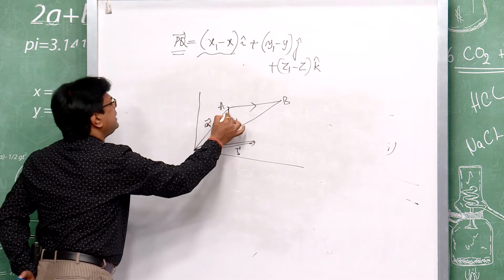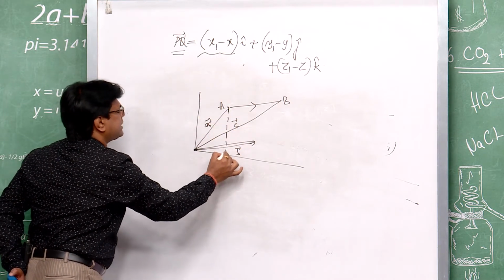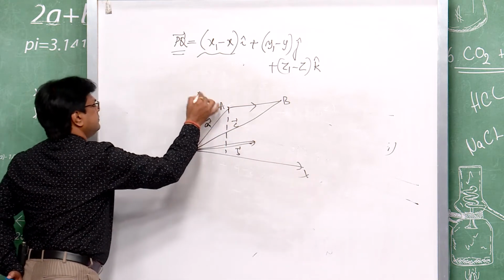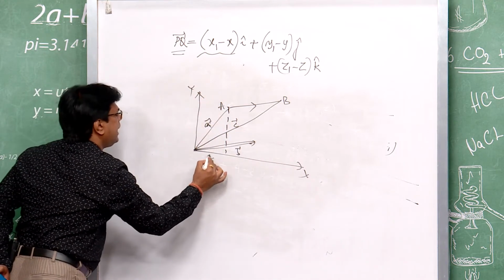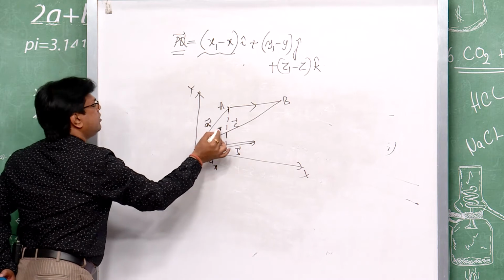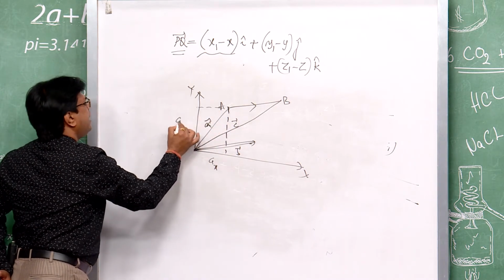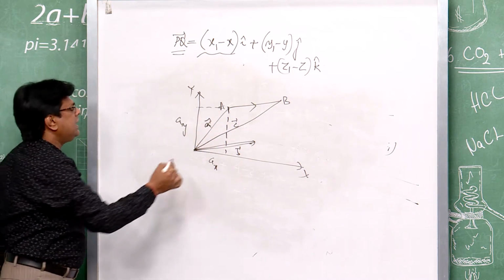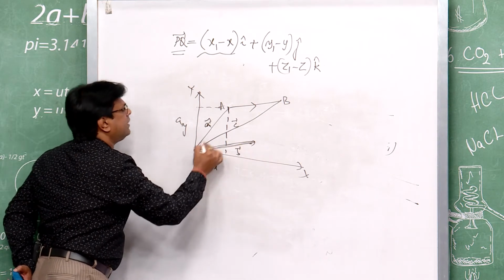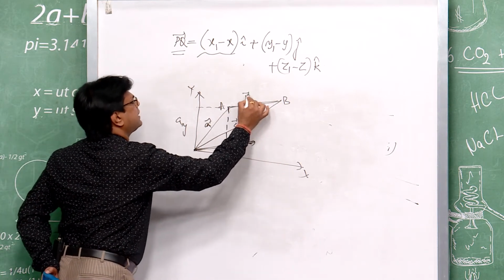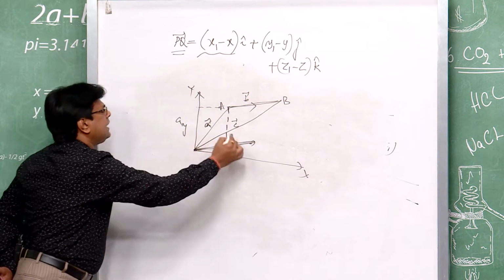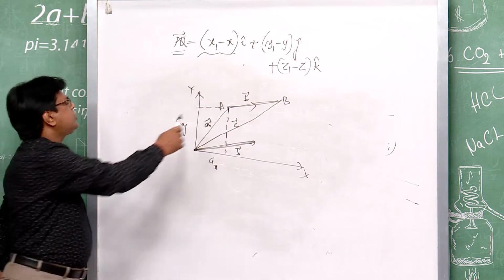Now we draw another line perpendicular to the x axis. So, this is your A x, this is your A y. Similarly, this is also your B vector. We take this parallel in this way.